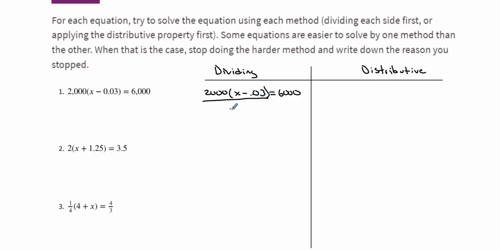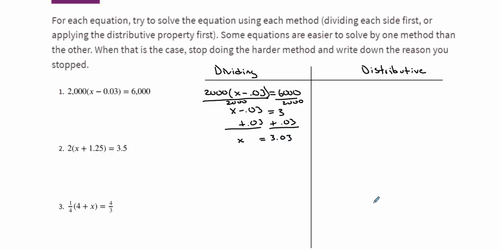So I end up with x minus 0.03 is equal to, oops, I'm going to divide this side by 2,000 too, is equal to 3. Then I'm going to add 0.03 and add 0.03, and I end up with x is equal to 3.03.